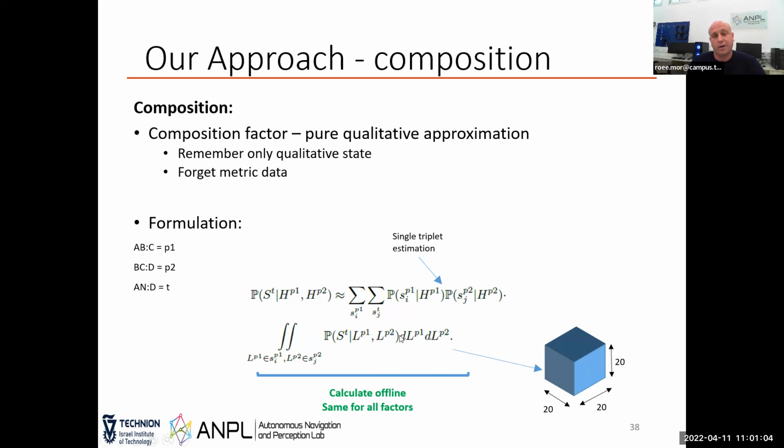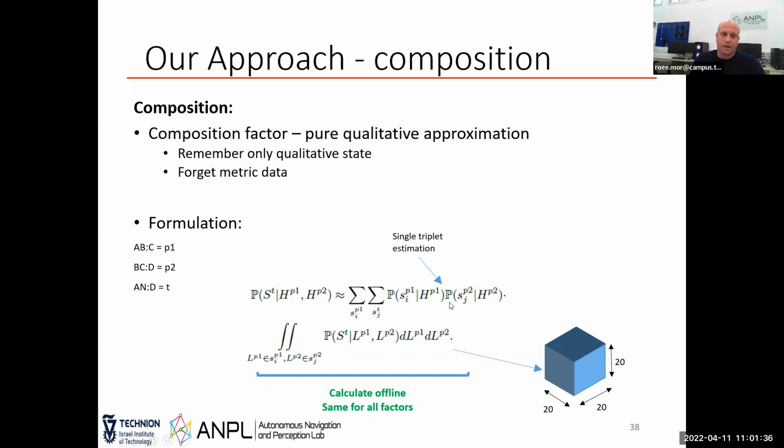You can calculate the probability for all these options, and then you can just take the prior, the probability estimating these two given the two prior triplets, and multiply it, and that's it. So it's very easy to calculate. The main stuff is done offline, and then it's very easy to do online.